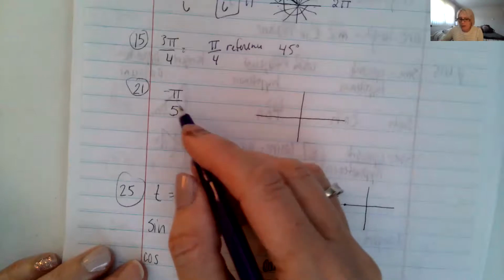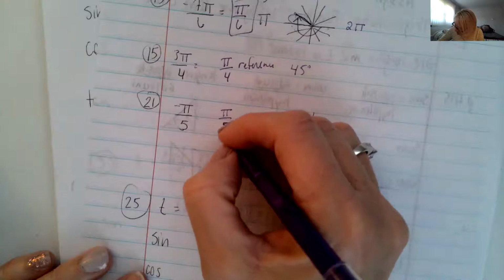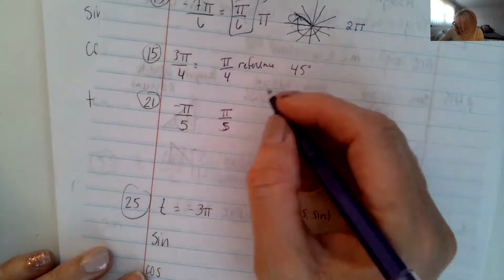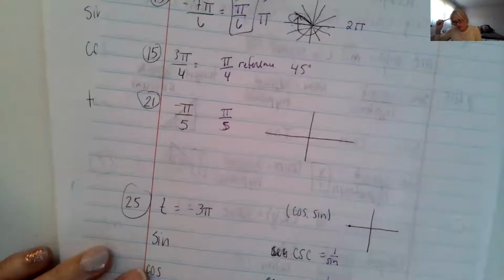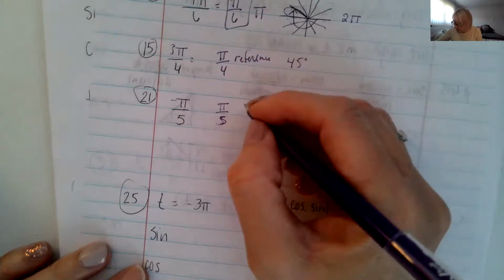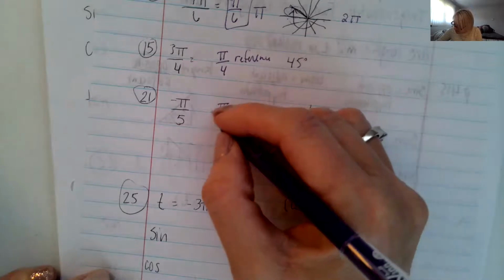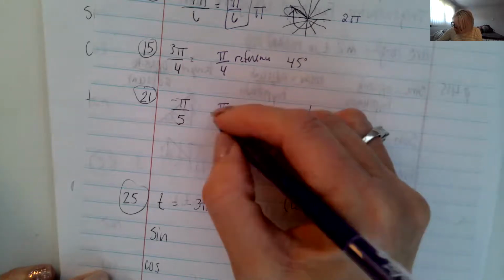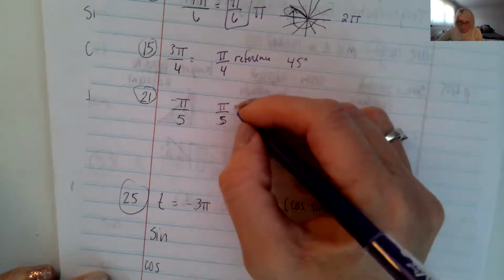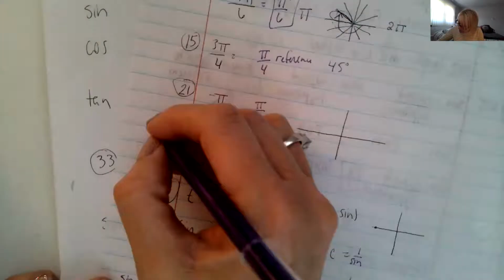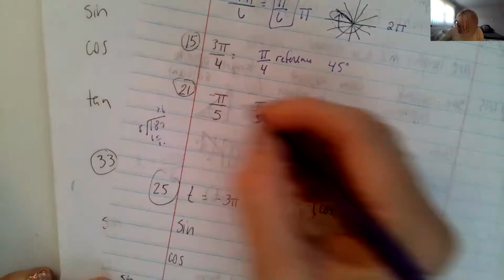And then on 21, it says the reference angle for negative 5 pi over 5, that reference angle is just pi over 5. And if you take 180 and divide by 5, then you get 36.